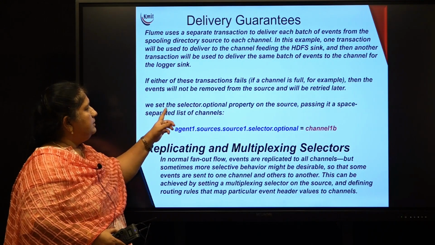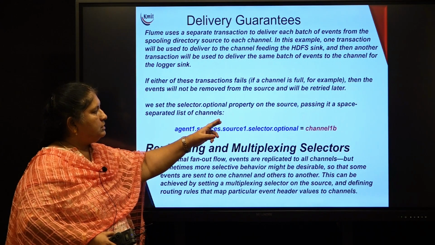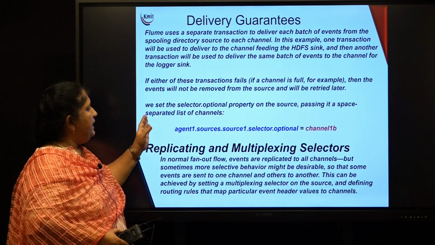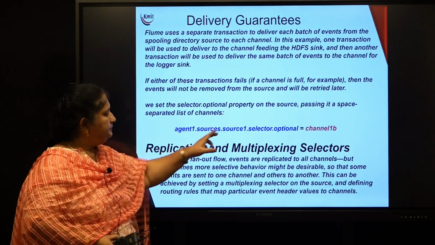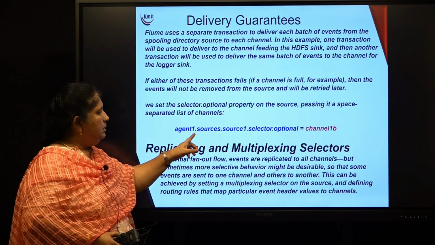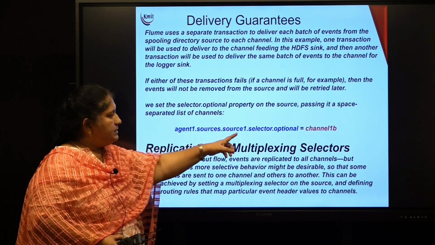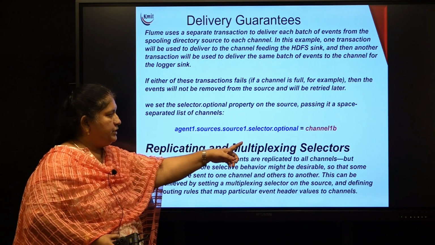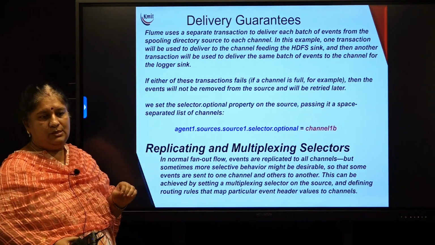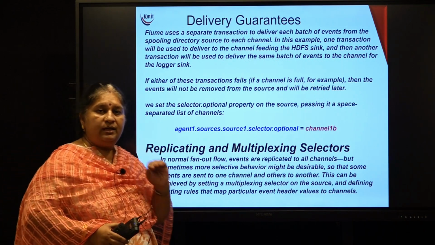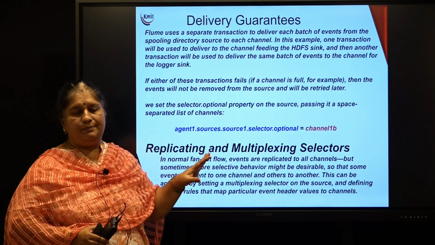We set the selector.optional property on the source, passing it a space-separated list of channels. See the property: agent1.sources.source1.selector.optional = channel1B. What is the meaning of this? How many channels am I working with? I am working with two channels in this particular example.